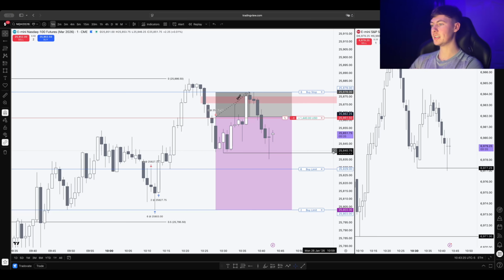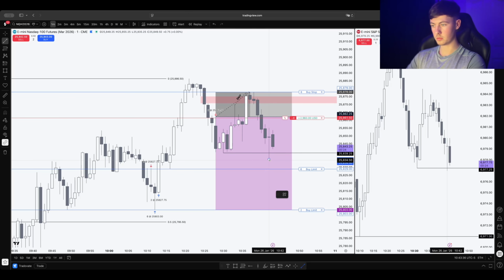Very, very close to TP1. Very close. Nice. If you break this candle's low, I will consider trailing stops to break even on this. Yeah, perfect displacement on ES there. Perfect.